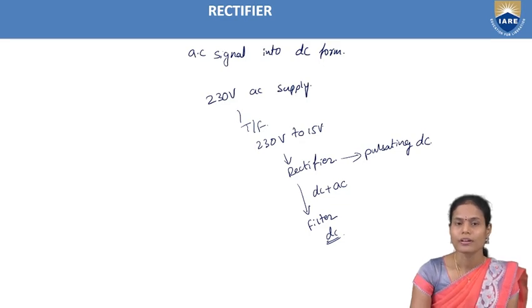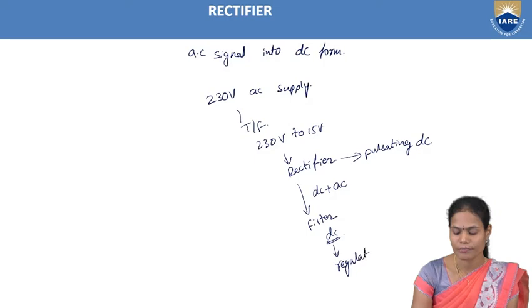But to run our applications, we have to get a stabilized voltage, without variation. That is, we need a stable voltage. It should not vary with any parameters. So after filtering, we apply this signal to the regulator circuit.